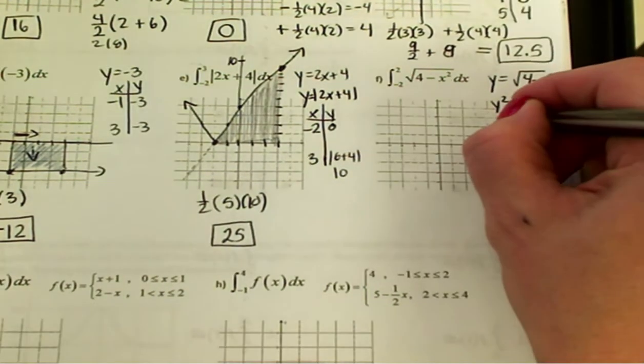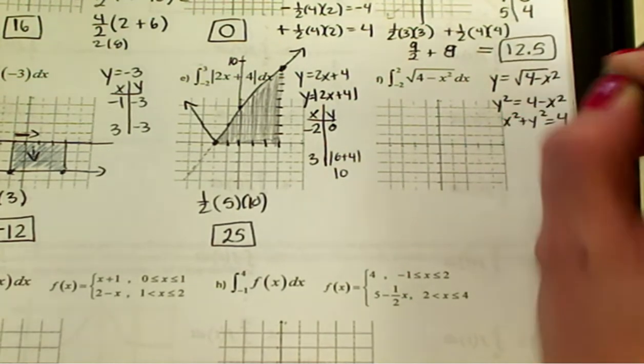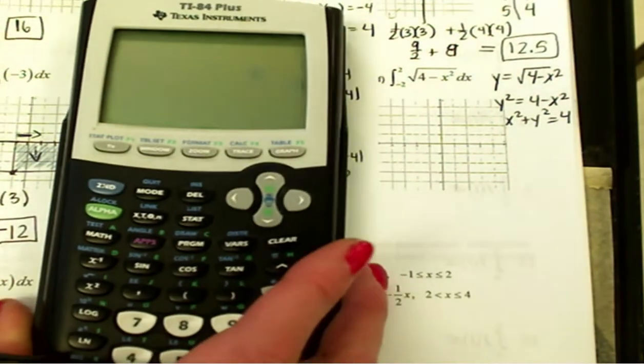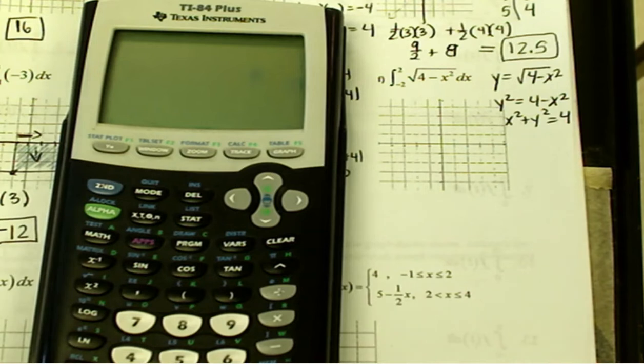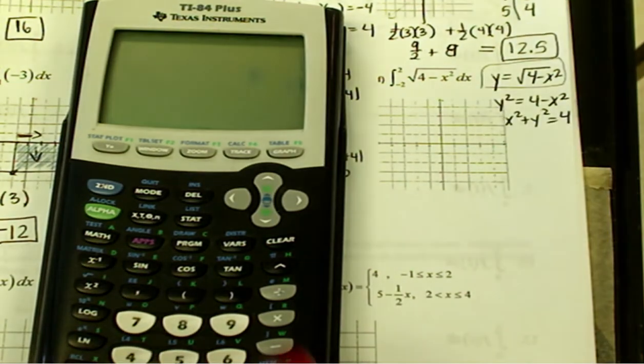Does anybody remember what this looks like? Kind of. It's like a circle. That's the circle. But let's go ahead and graph it to make sure we plot the points correctly. So we're going to graph it as is and see if we can use our calculator to help draw it.